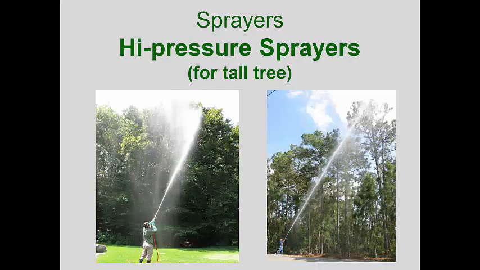Most of the large tree care companies in the past prominently advertised that they had these big trucks with high-pressure sprayers that could reach the top of large trees. These usually operate at 500 to 700 psi and deliver 20 to 40 gallons of spray per minute. While there are still companies that have these types of equipment, rules and regulations governing drift onto adjacent properties has made the use of these sprayers difficult and fraught with liabilities.